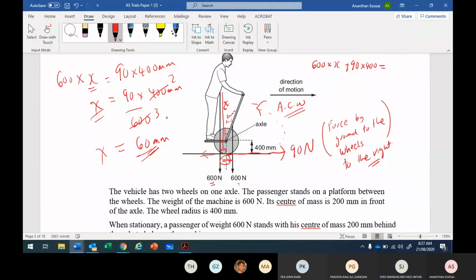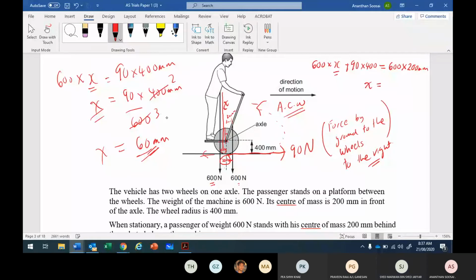It should be equivalent to the clockwise moment of the center of gravity of the axle, which is 600 times 200 mm. This is the new position. Yeah, I made a mistake. So find the x for this. How much do you get? I think you get 140.